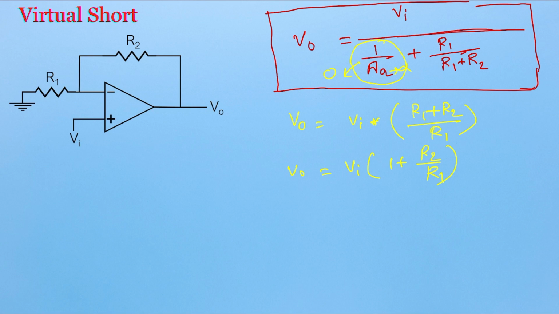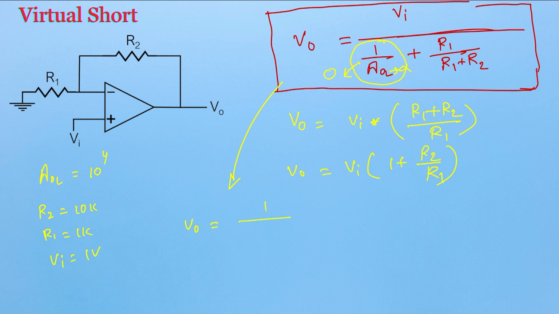But in some examinations you will get the value of AOL not infinity, maybe 10 to the power 4. And they give you R2 is equal to 10k and R1 is equal to 1k, and they tell you to calculate the value of V0. Then we need to put the values here. Suppose Vi is equal to 1 volt.